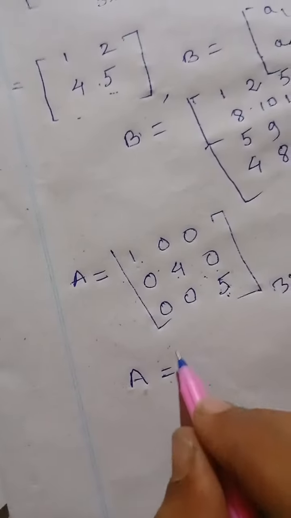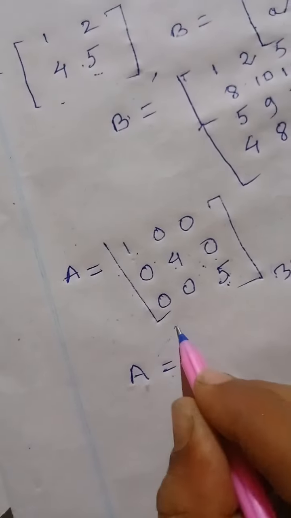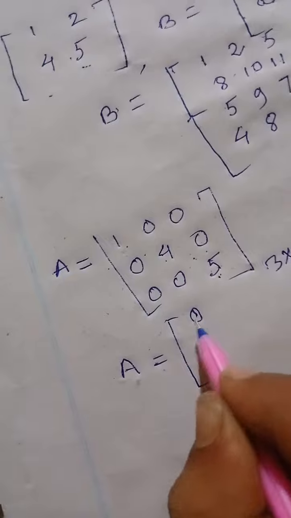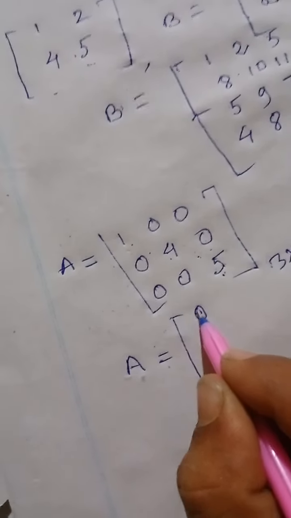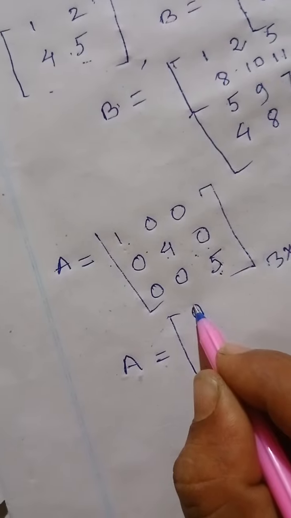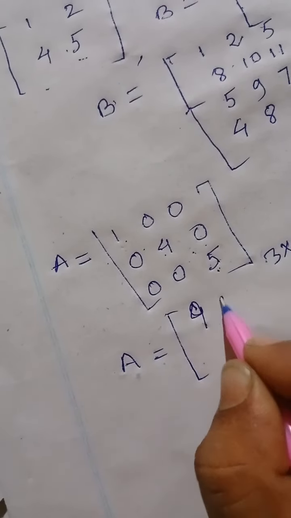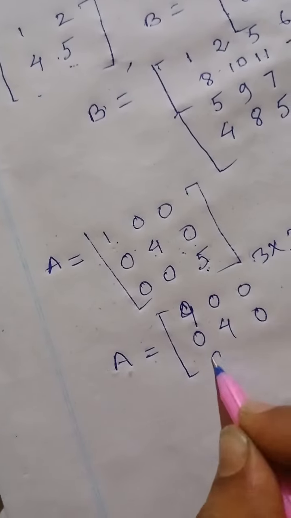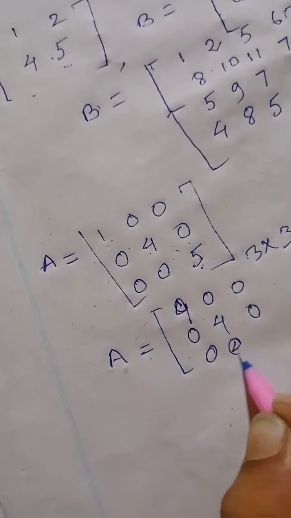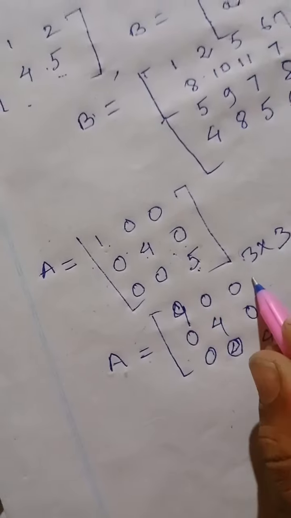More example, let a matrix A 4 0 0 0 4 0 0 0 4.